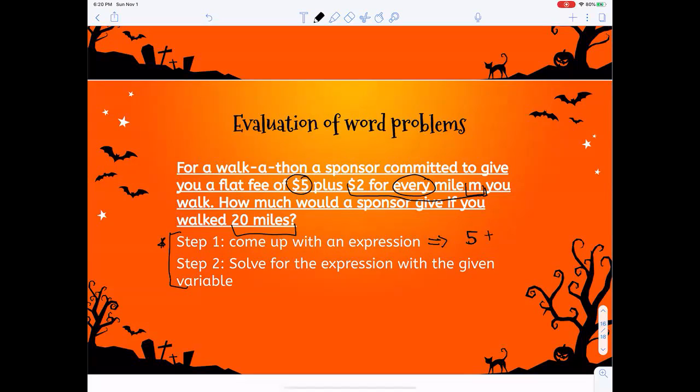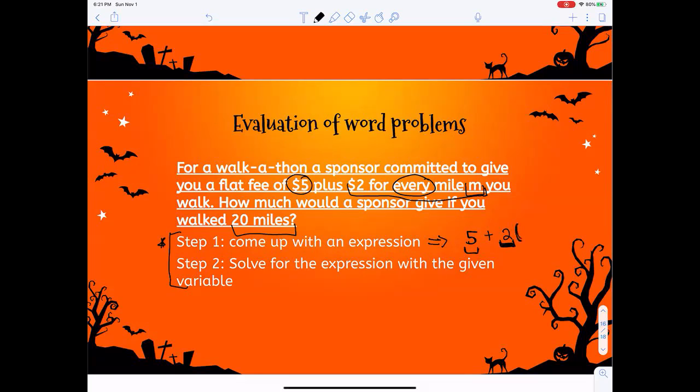And then $2 is a rate. You're going to be introduced a little bit more to rates. We've done something like this. If you think about the problem I gave you about apples, Mary selling apples for 50 cents and then a $3 delivery rate or flat rate. This is basically that flat rate.